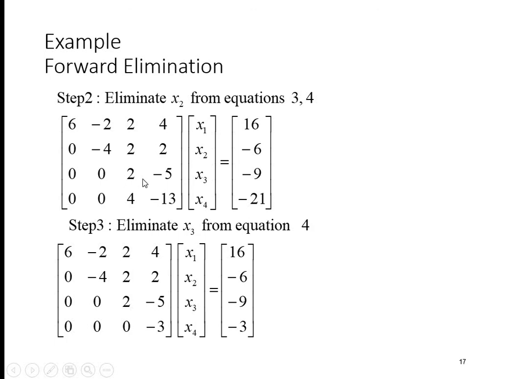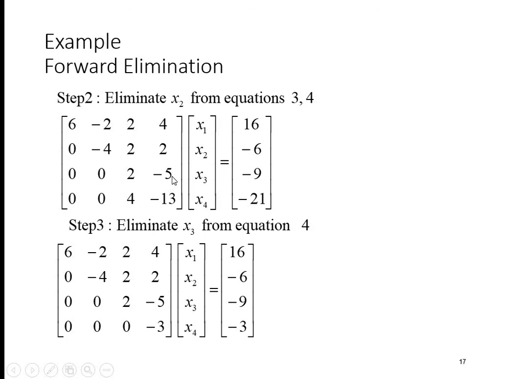In equation 3, you have got 2. So for this to cancel this 4, you need to multiply this whole row by minus 2, because minus 2 will give you 4. So minus 2 times 2 is minus 4 plus 4, 0, minus 2 times minus 5 will give you a 10.